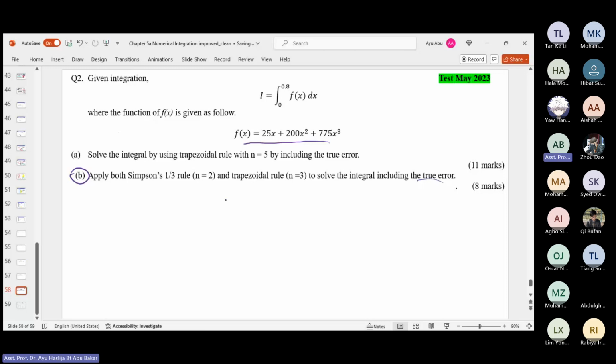What the question means is, apply both Simpson's one-third and trapezoid. Means that total segment is 5.